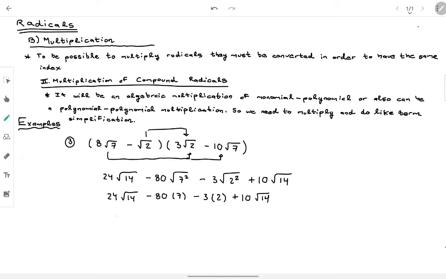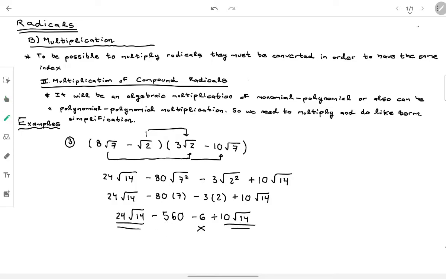So here it's going to be 24, the square root of 14, minus 80 times 7, 560, minus 6, plus 10, that multiplies the square root of 14. So in this case, it's going to be 24 plus 10, because these two are like terms.